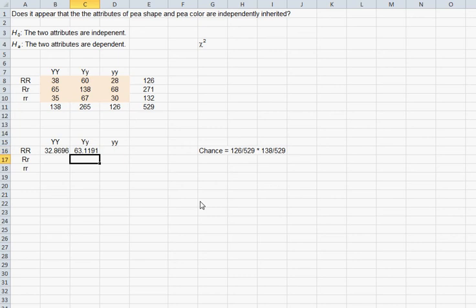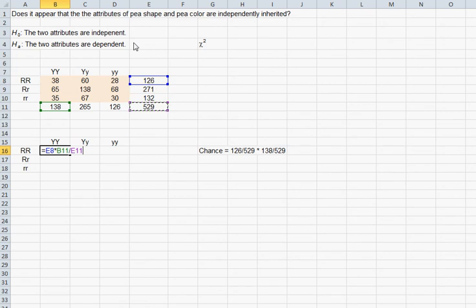So I would expect 63.11 things in that block. Now, if I have a calculator, I just simply repeat this calculation 9 times until I figure out all the expected values. Using Excel, there's a little trick that we can use to do this. The trick is to take this number times this number divided by this number.